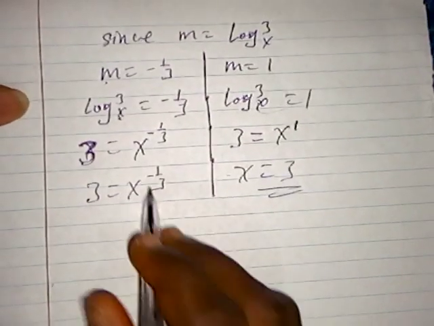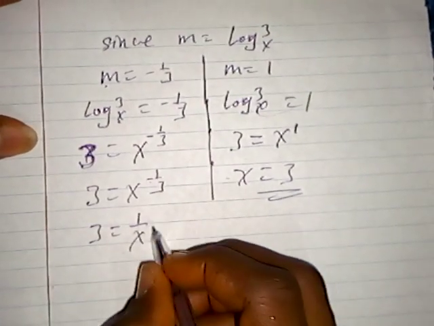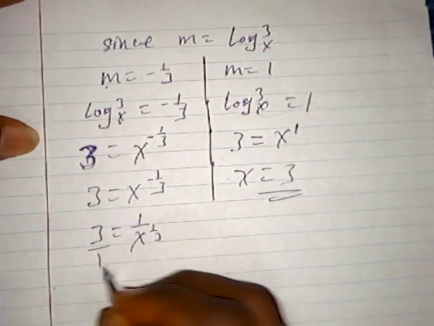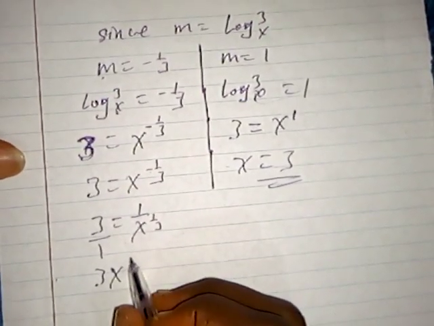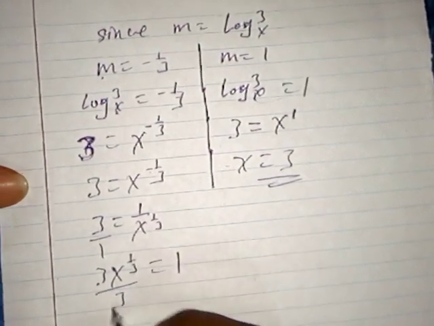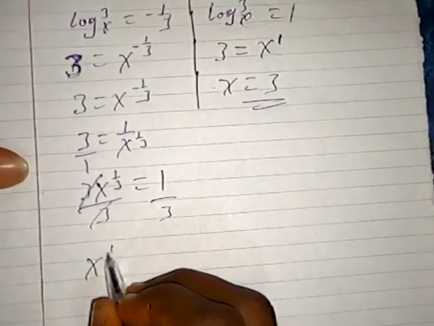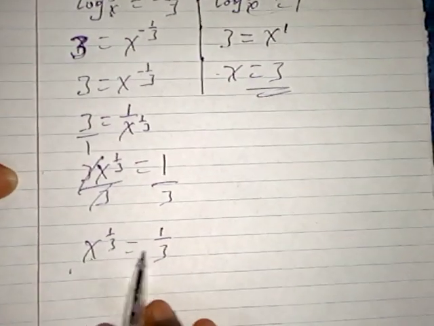And the second value of x, we remove the negative sign first. 3 equals 1 upon x raised to the power 1/3. Right? Get denominator of 1, we cross multiply. So 3 times x^(1/3) is equal to 1. What are we going to do? Divide here by 3, divide here by 3. So x^(1/3) equals 1/3.